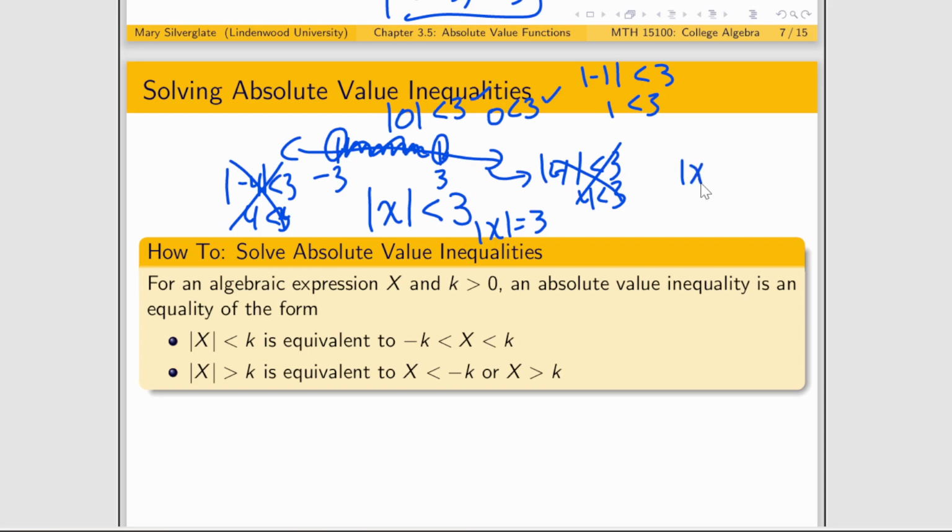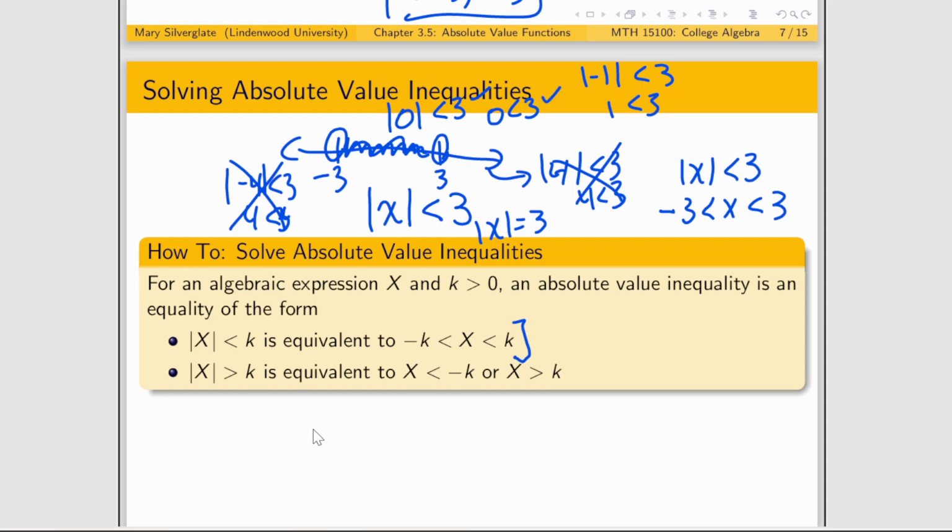So absolute value of x less than 3 turns into x has to be in between negative 3 and 3. And that's exactly what this math notation says: if I have the absolute value of something less than a number, that's equivalent to being trapped in between the negative and the positive version of that number.